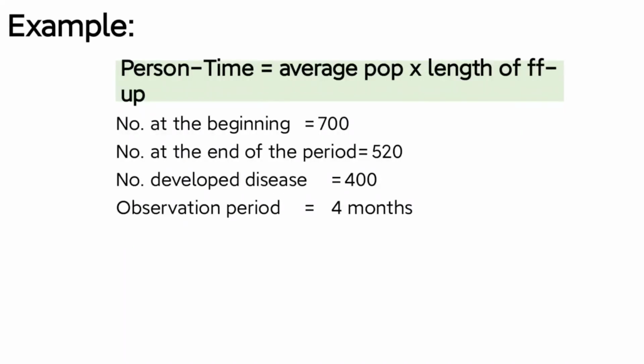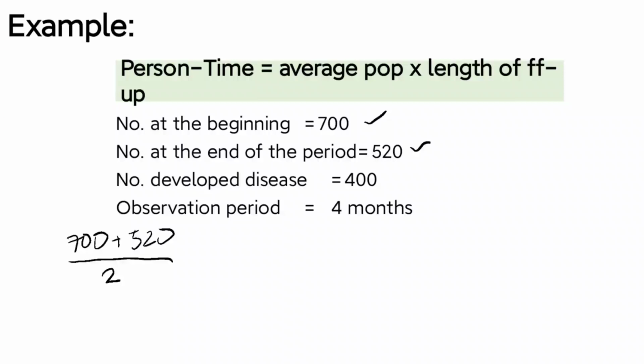So, person time is equal to the average population multiplied by the length of the follow-up period. Okay? So, yung average population, nag-start ka 700. Nag-end ka ng 520. So, average mo yan divided by 2.